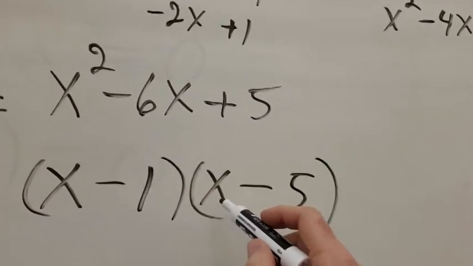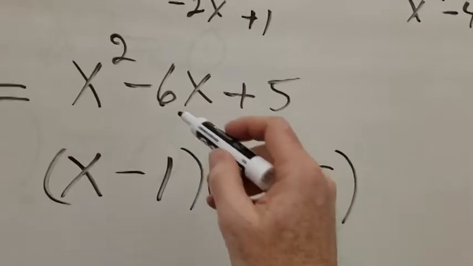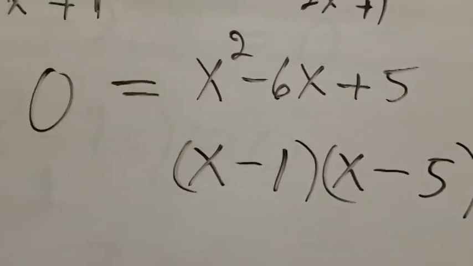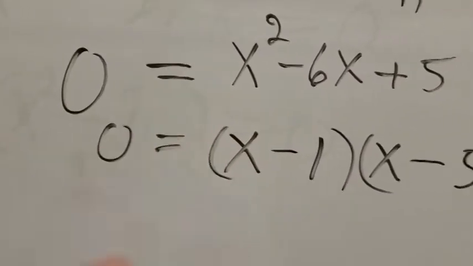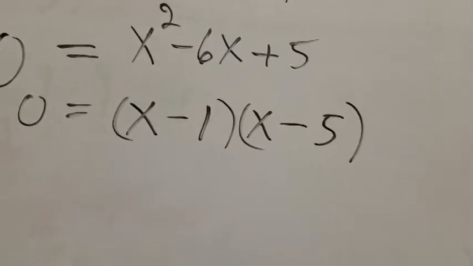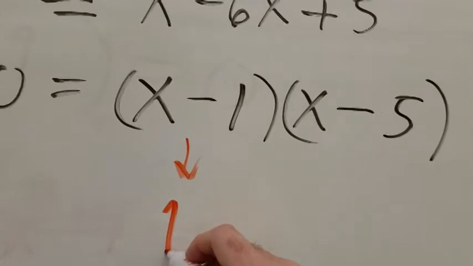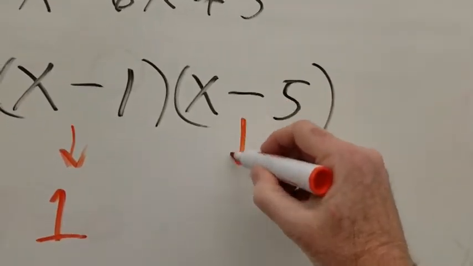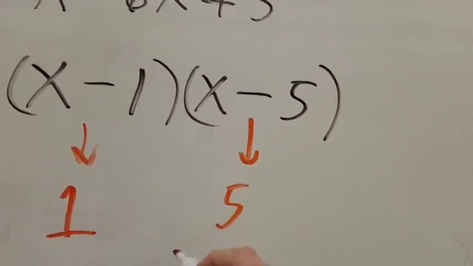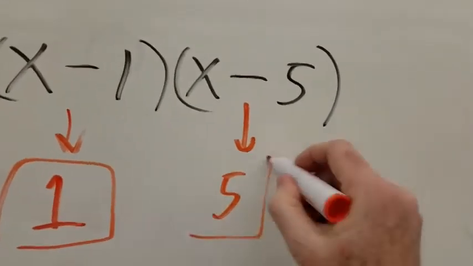And negative x minus 5x gives me negative 6x. And these are equal to 0 there. So my answer is, I either have a 1 or I have a 5. So I have two possible answers here.